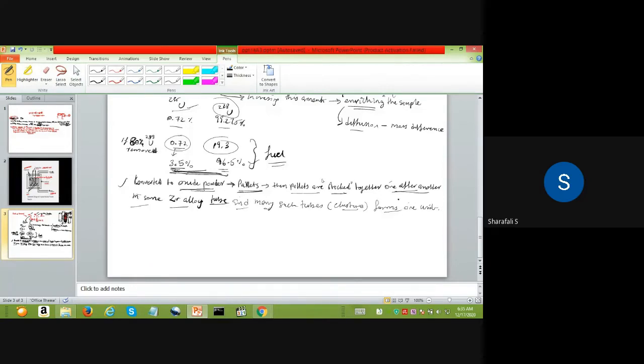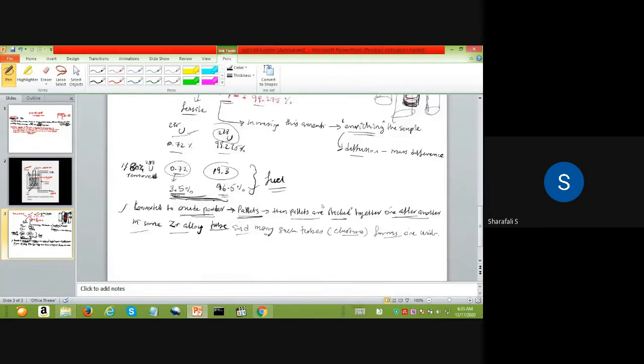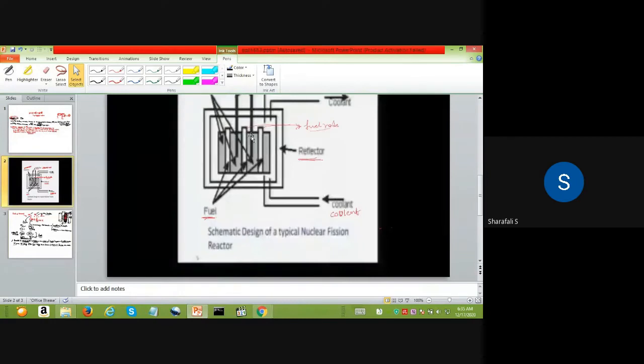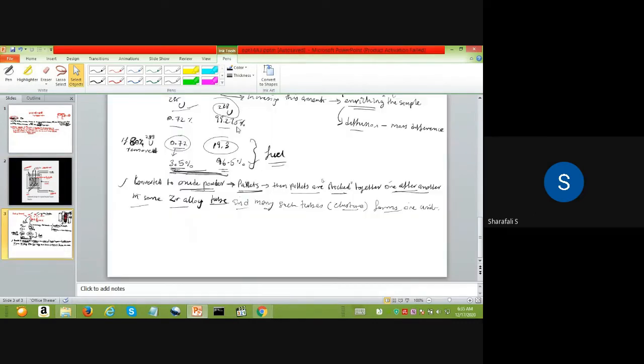So that's what we discussed, which I just showed in this figure. That is your fuel rod. You can see these fuel rods here. Whatever we discussed, the pellets and all those things, will be inside that fuel rod.